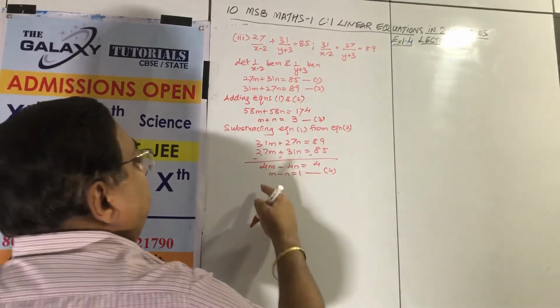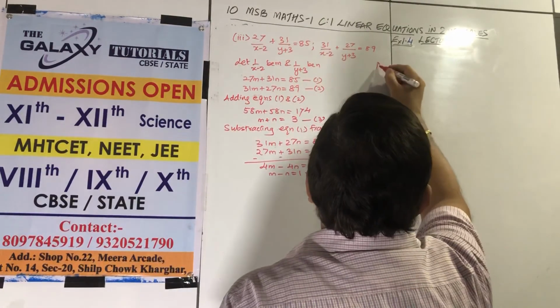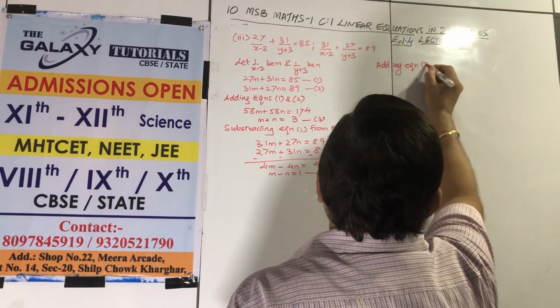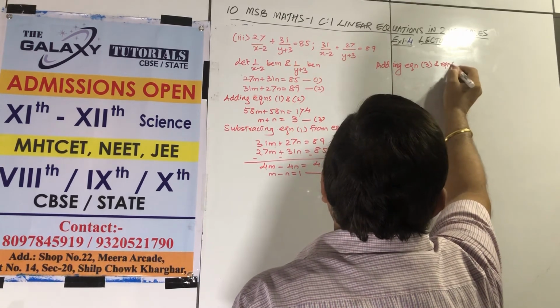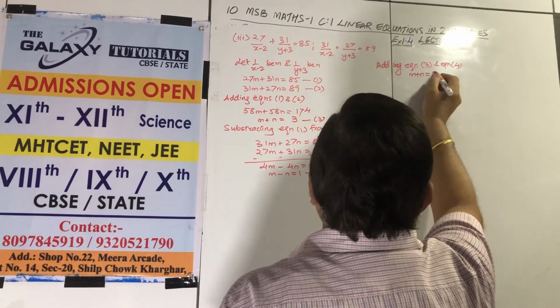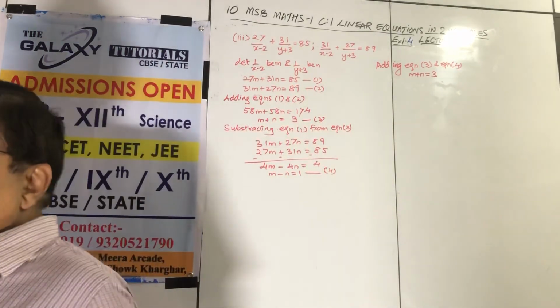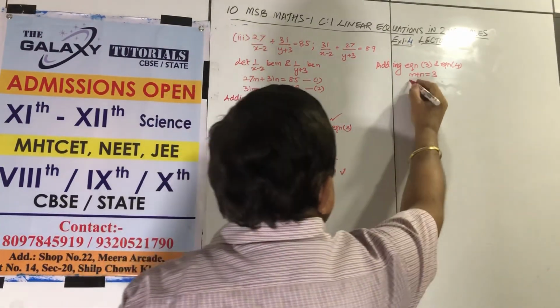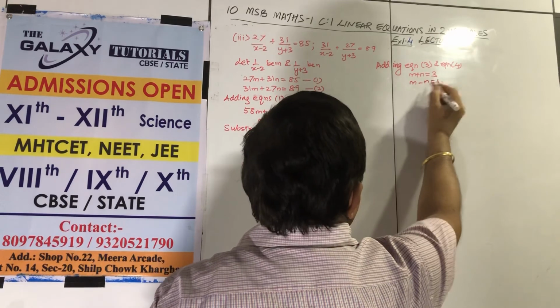Now I've got two equations. So adding equation 3 and equation 4, I get m plus n is 3. Okay, so equation 3 I took, then equation 4 I take. m minus n is 1.